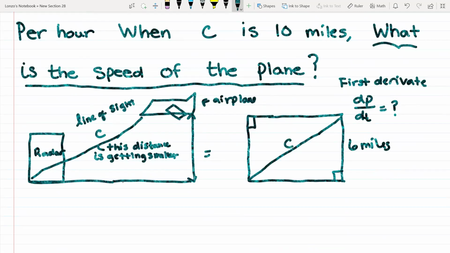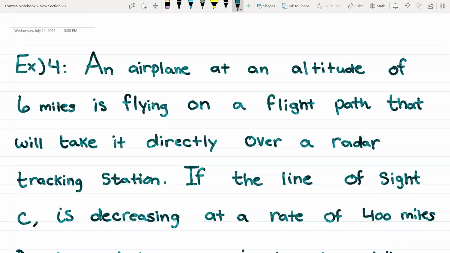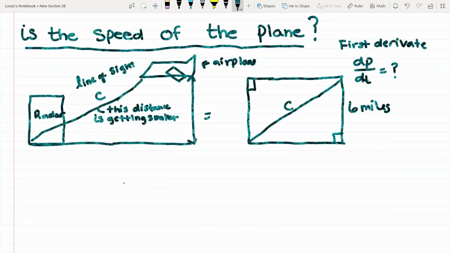And this is c, the line of sight, and let's call this distance p right now. You could call it anything else, like x, y, or z.